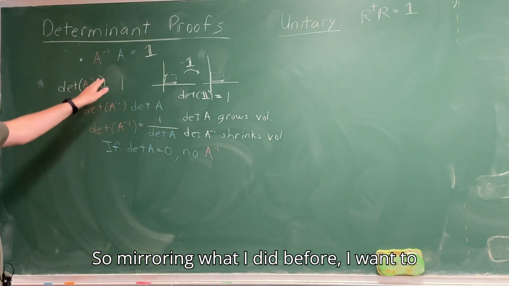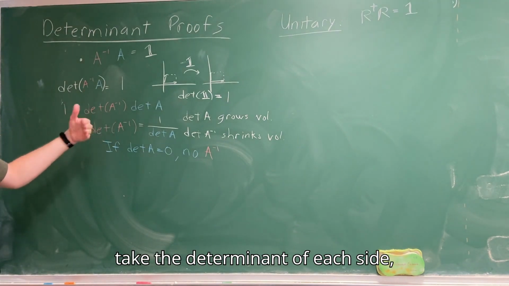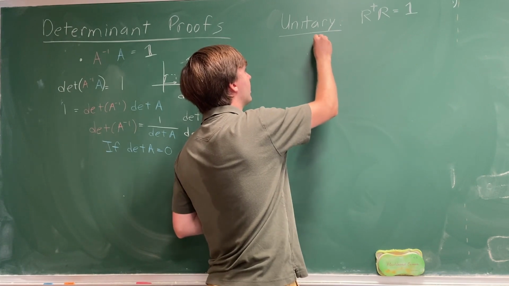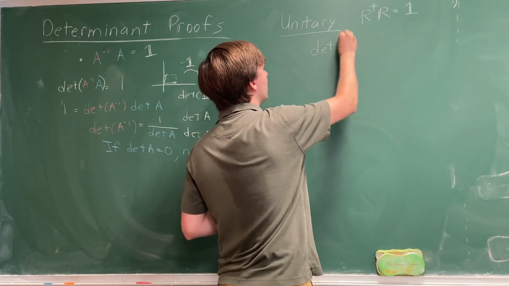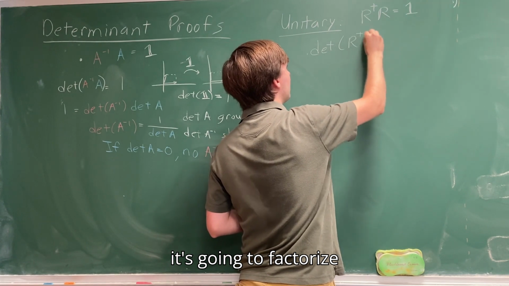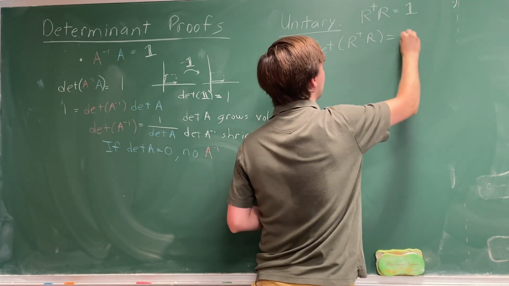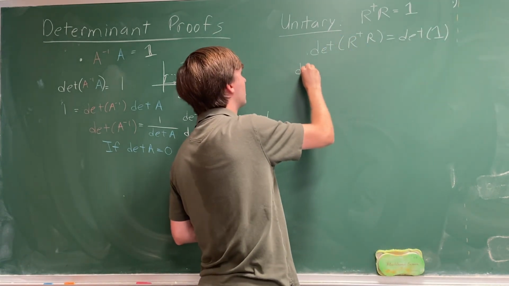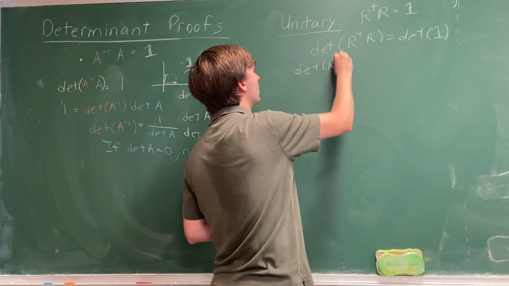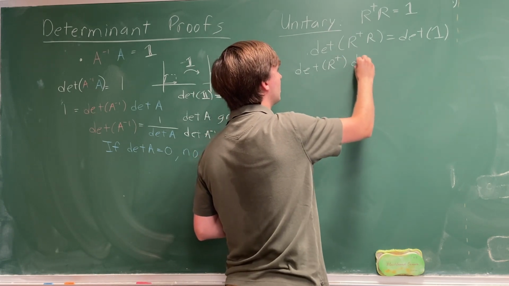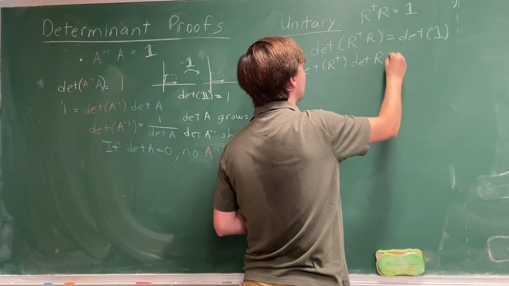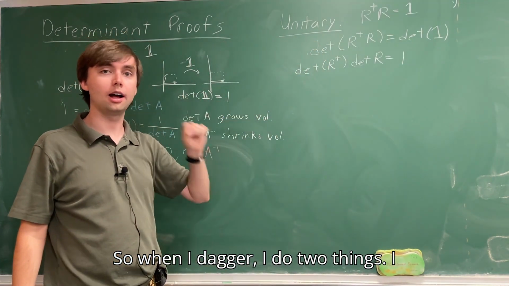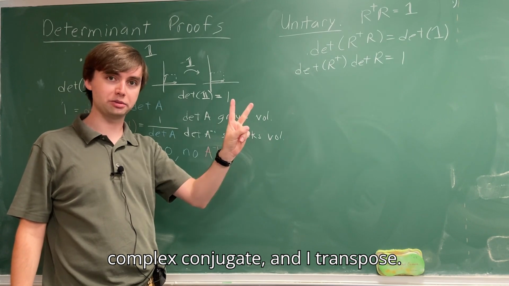So, mirroring what I did before, I want to take the determinant of each side. It's going to factorize just like it did before. So when I dagger, I do two things. I complex conjugate, and I transpose.